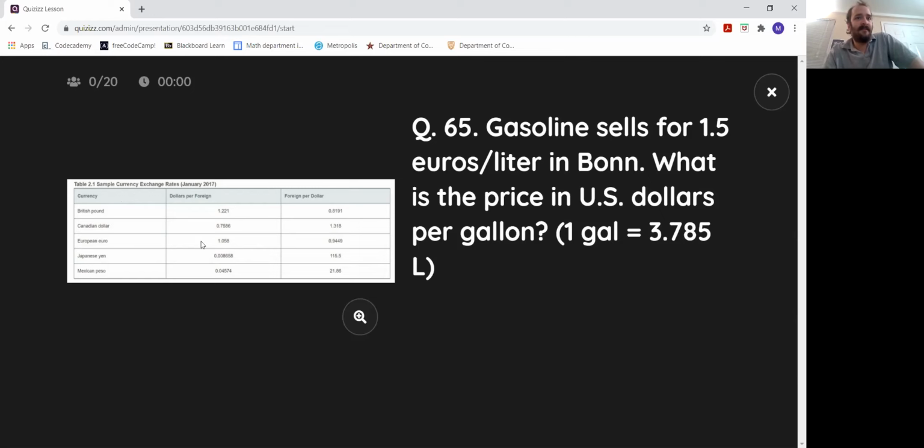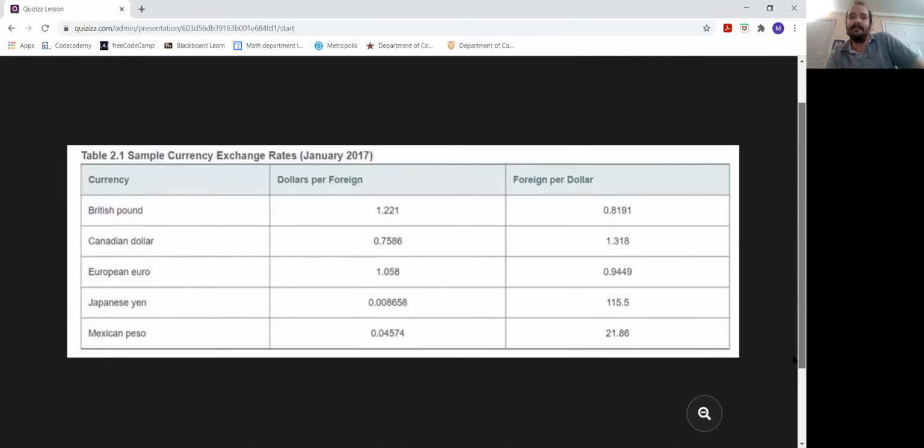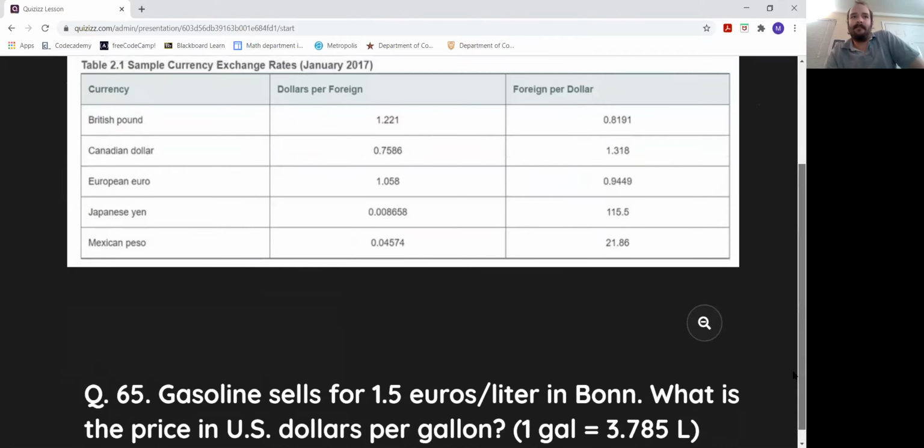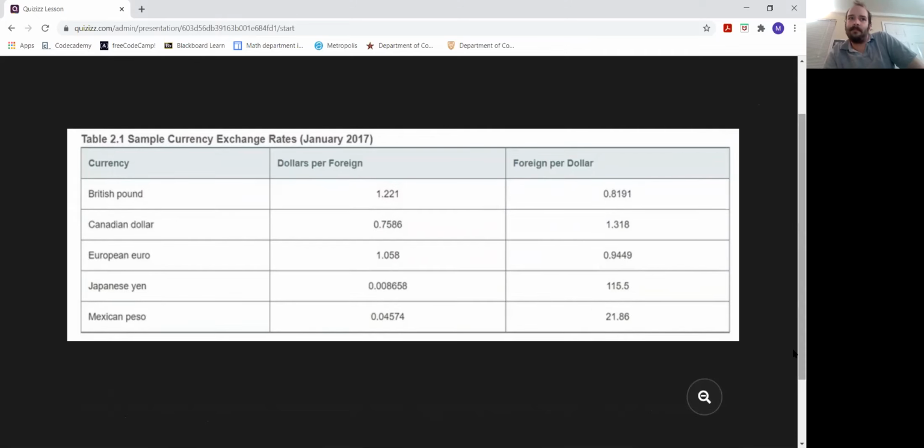So again, I'm looking at this table. We don't need to use like the whole table. Oh man, this team is all like, let's exit that. So hopefully you're using either that 1.058 or that 0.999449.